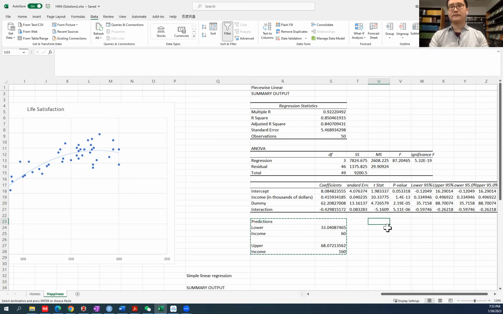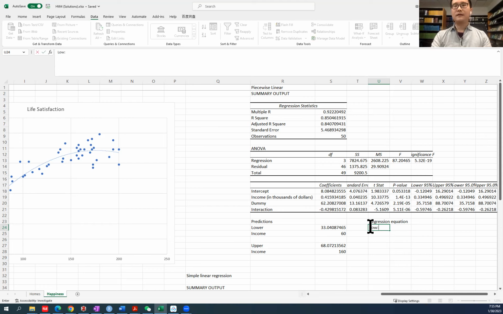So let's just do it. Regression equation. You will notice that for the high and low income group, the regression coefficient can be expressed differently. That's what it means by the impact of income on satisfaction depends on the group assignment. So for the low income group, let's predict the satisfaction.